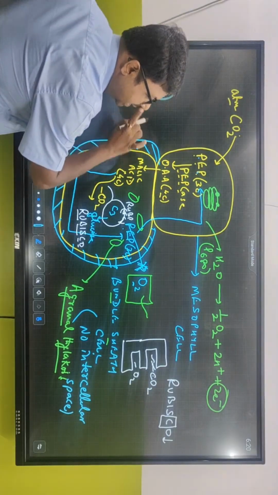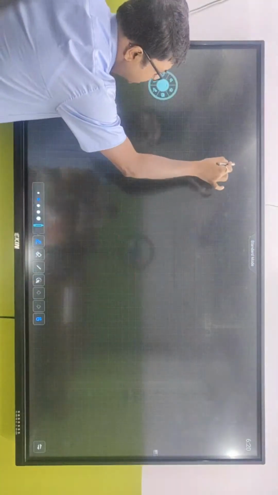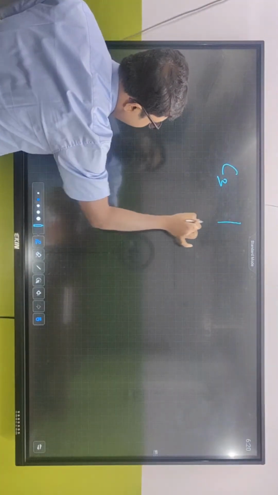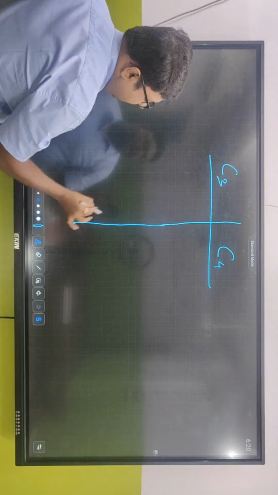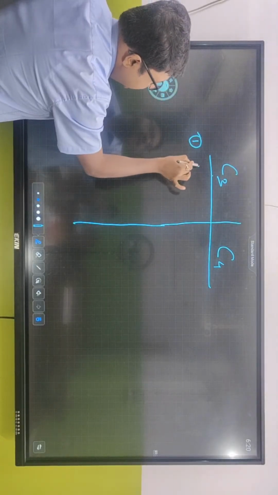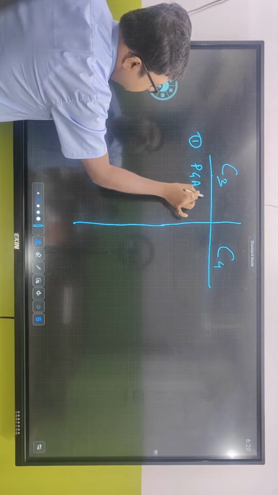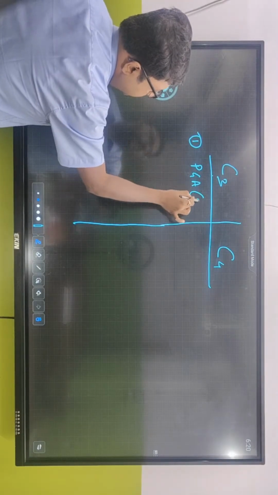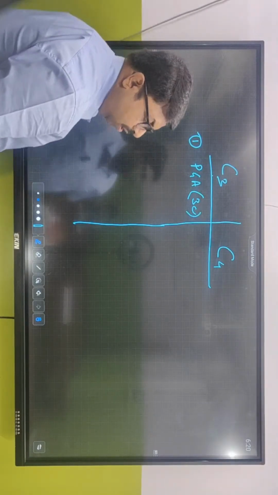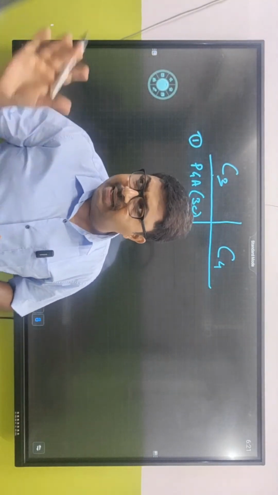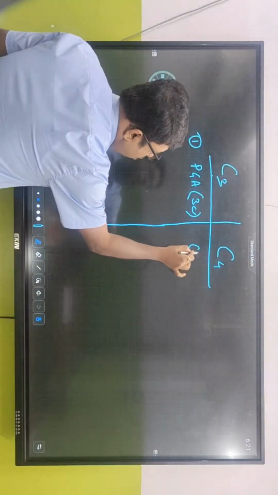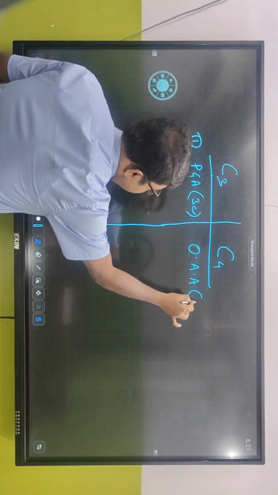এবার এখানটায় the difference that last day we talked about between C3 and C4, the major differences are what? In C3, the first stable product is a 3-carbon compound called phosphoglycerate or phosphoglyceric acid. In case of C4, it is OAA, oxaloacetic acid, which is a 4-carbon compound.